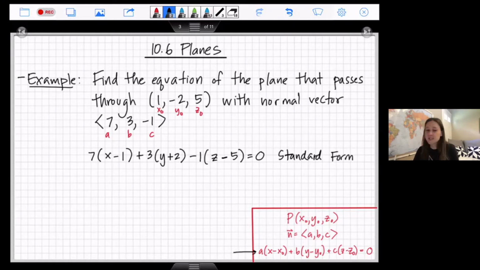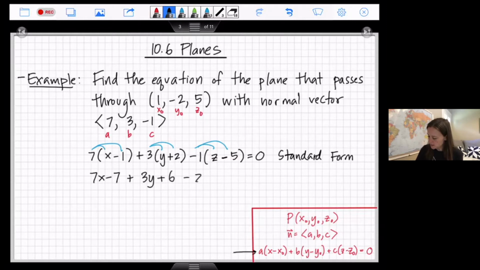And standard form is nice because you can actually see the normal vector and you can see the coordinates of the point. If we simplify this a little bit to make it less busy, then we'll get what we call general form. So I'm going to distribute my 7, 3, and negative 1, and then just kind of gather everything up and make it look nice. So I'll get 7x minus 7 plus 3y plus 6 minus z plus 5 equals 0.